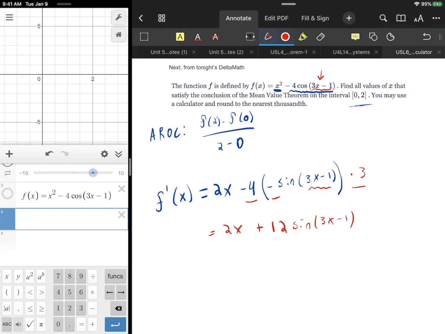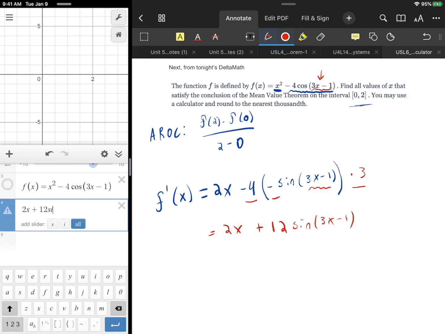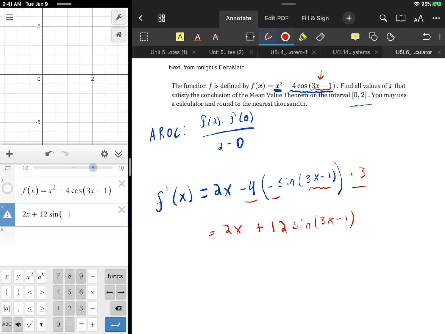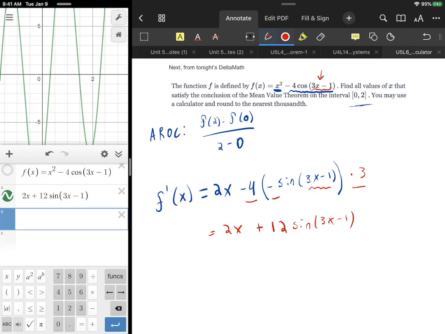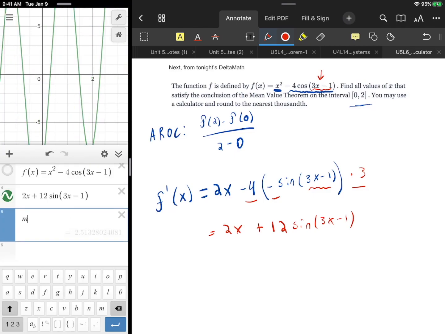And so now we can graph this. We can say 2x plus 12 times the sine of 3x minus 1. And we want to know when that is equal to this value here, m.